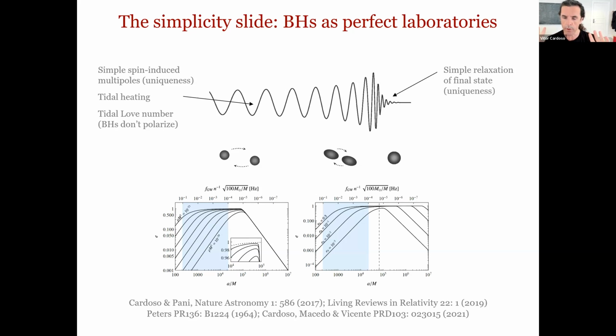One of them, for example, is that if you try to polarize one black hole with another, you'll realize that the tidal Love numbers of black holes vanish in general relativity. Okay, it doesn't alter the multipolar structure of a black hole if you place the companion around it, so to speak.